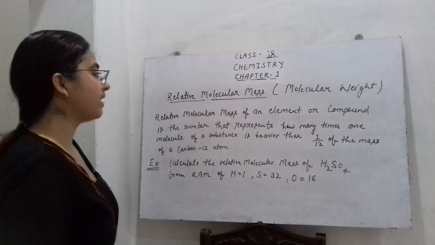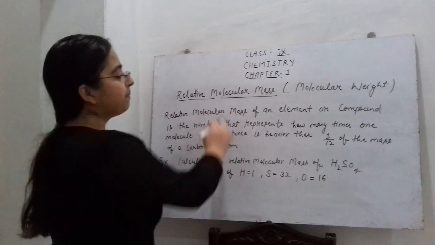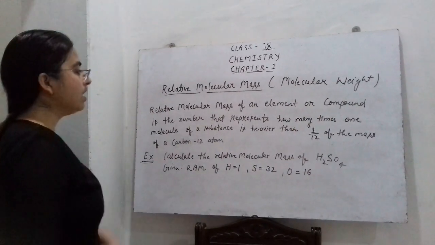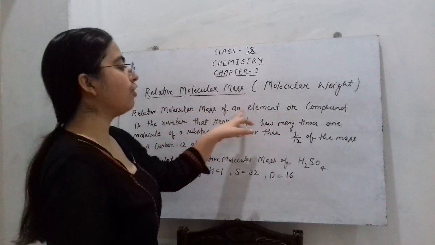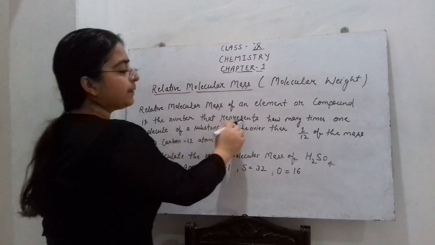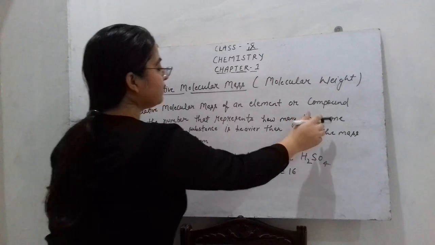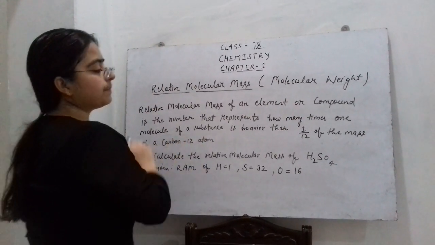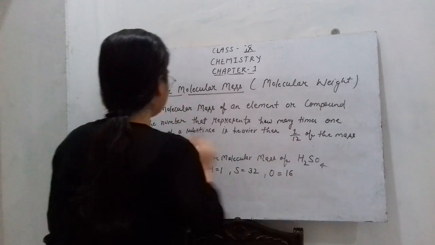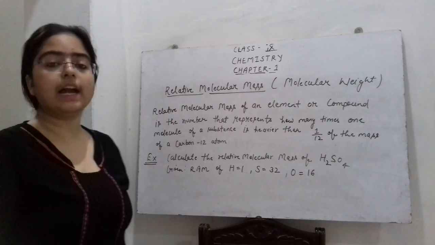So our next topic is relative molecular mass, which is also known as molecular weight. The relative molecular mass of an element or compound is the number that represents how many times one molecule of a substance is heavier than 1/12 of the mass of a carbon 12 atom.